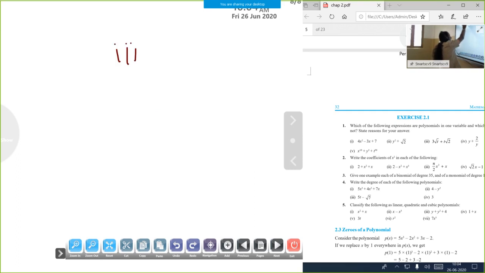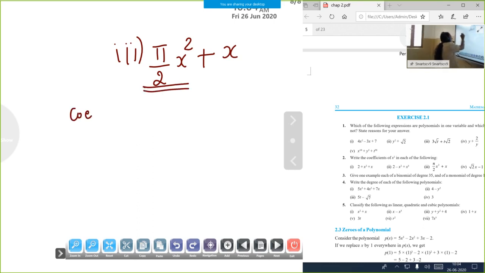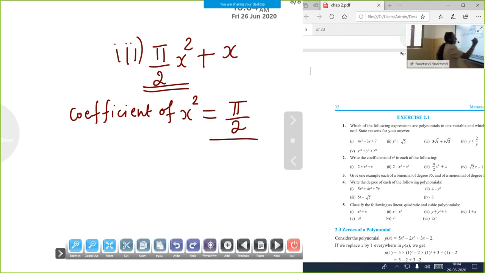What is the coefficient of x square? That number is pi by 2. So what is our answer? Plus pi by 2. So coefficient of x square is plus pi by 2.